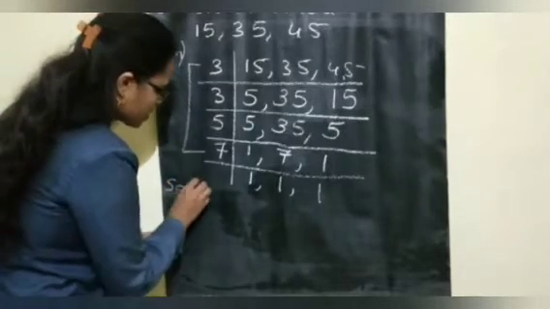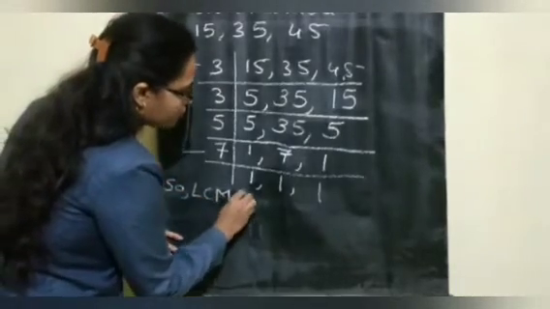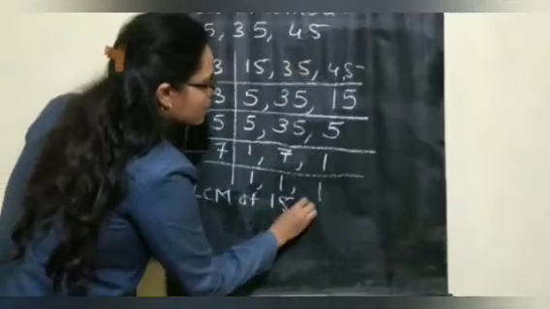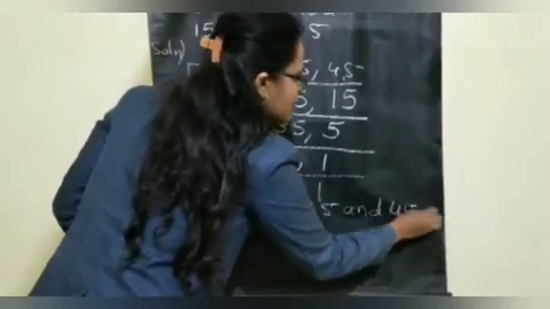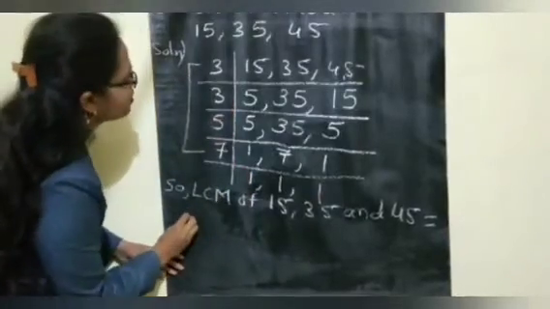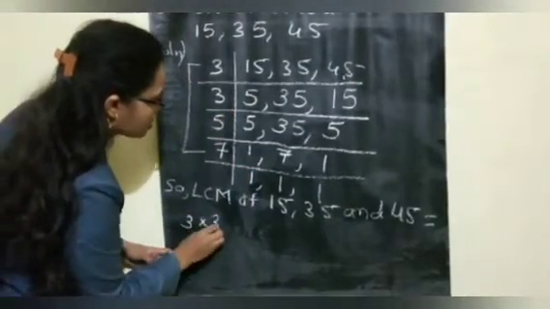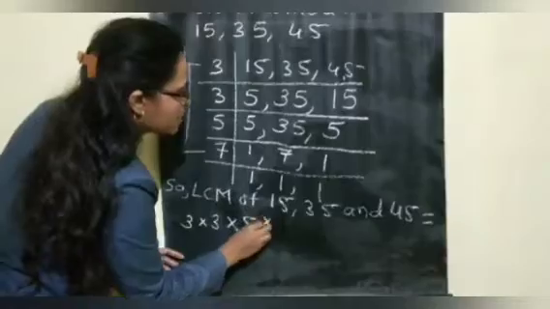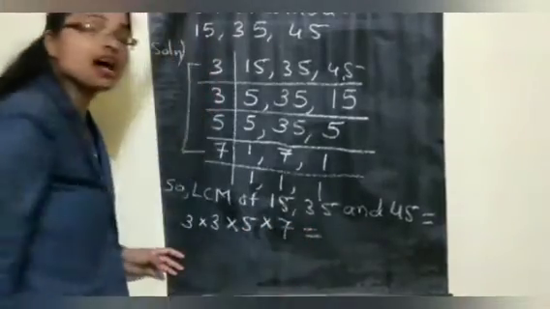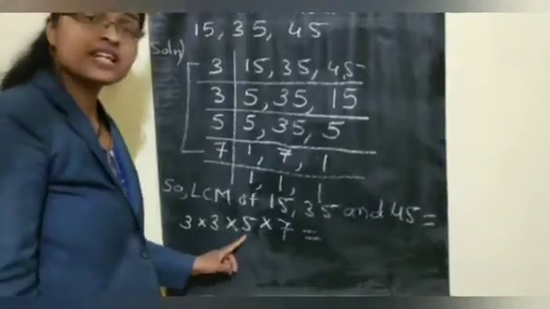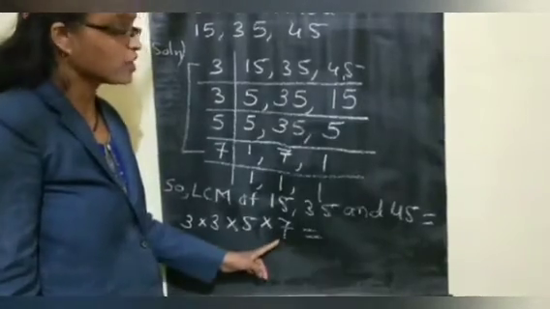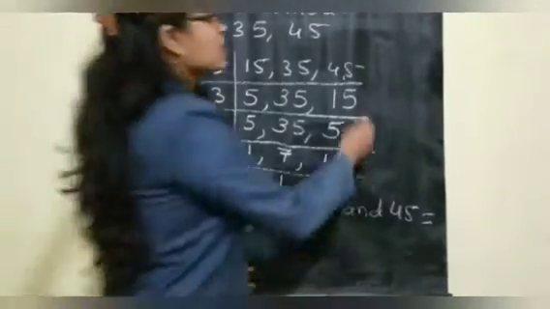So, LCM of 15, 35 and 45 is equal to the product of 3 multiplied by 3 multiplied by 5 multiplied by 7. Get your answer. 3 3s are 9, 9 5s are 45, 45 7s are... Not understanding?